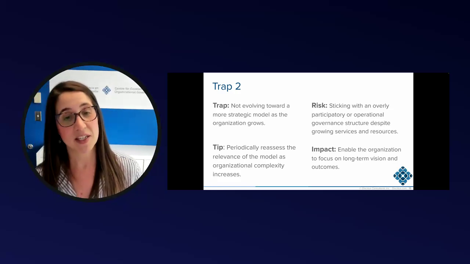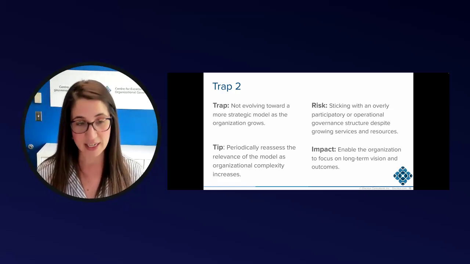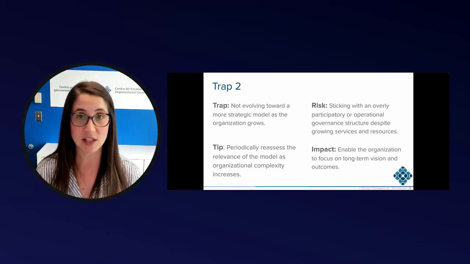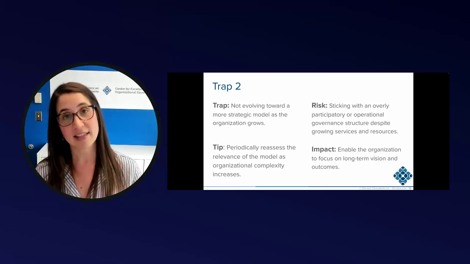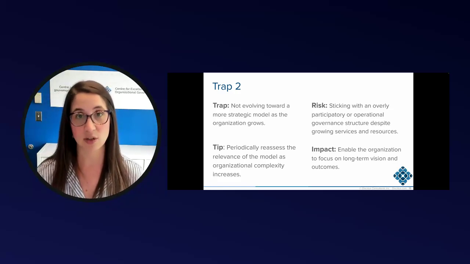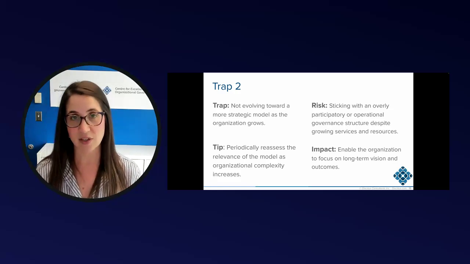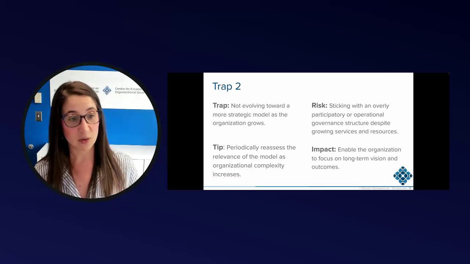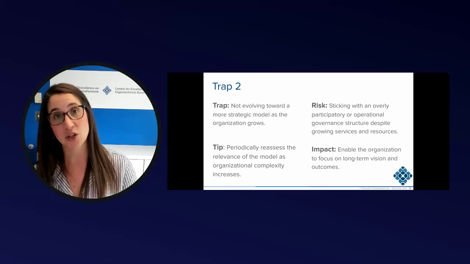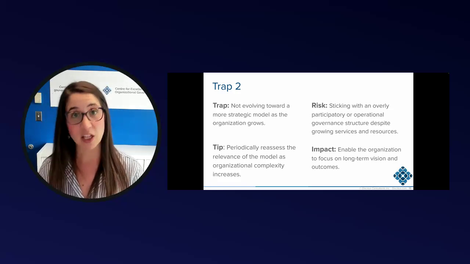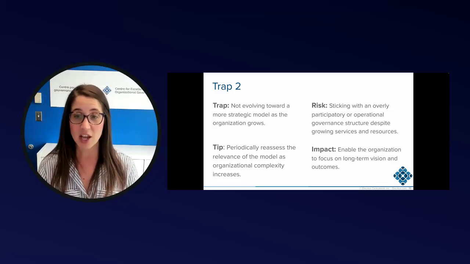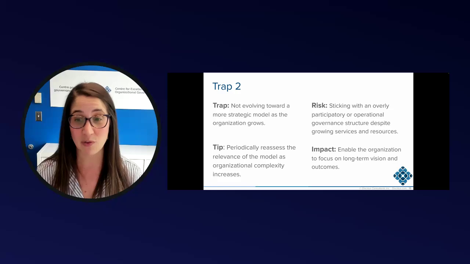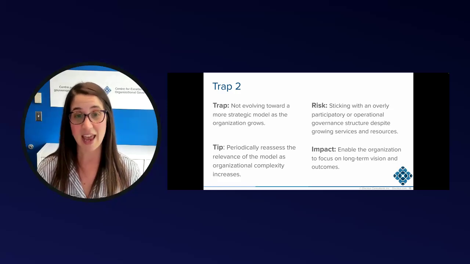So the tip here is, as an organization, to periodically reassess the relevance of the model as the organizational complexity increases, as the programs and services grow, as the internal team grows, as the financial capacity grows. The impact here is, if you periodically reassess and make sure that the governance model is following the evolution of the organization, you are enabling the organization to focus on long-term vision and outcomes.